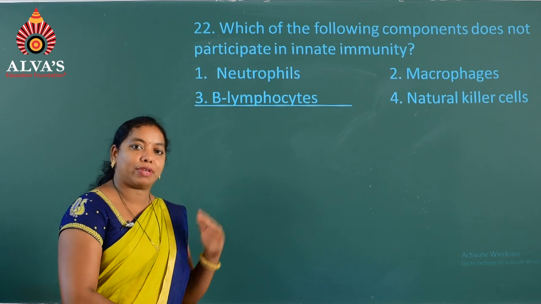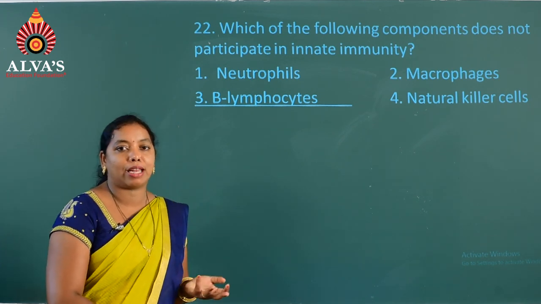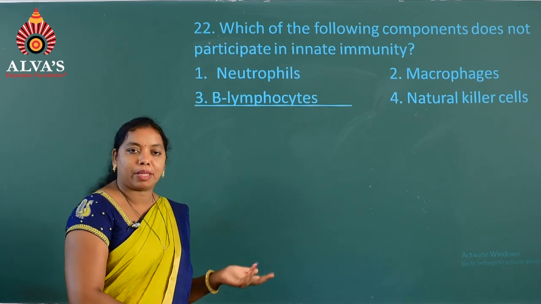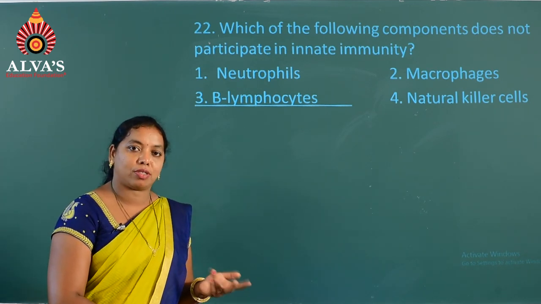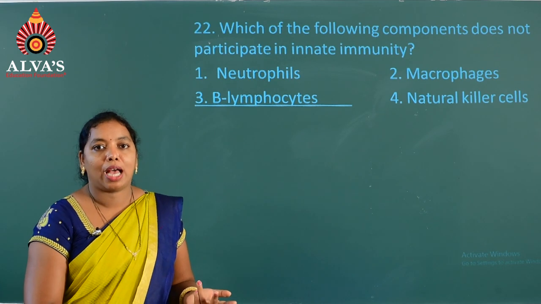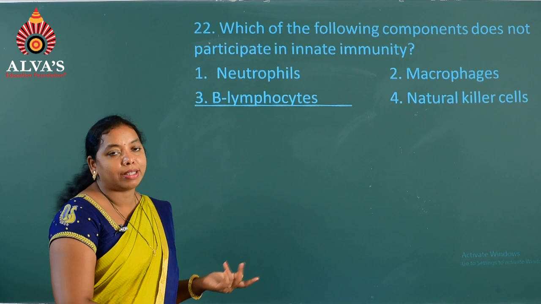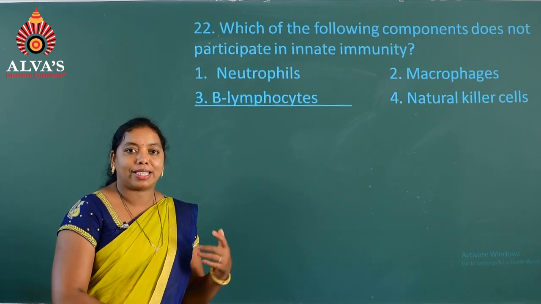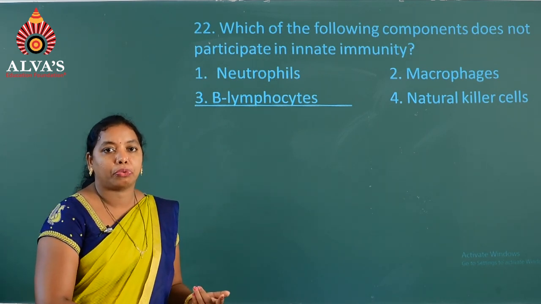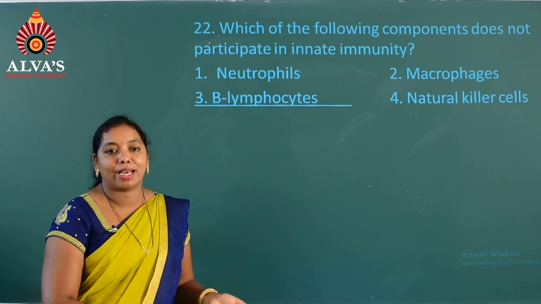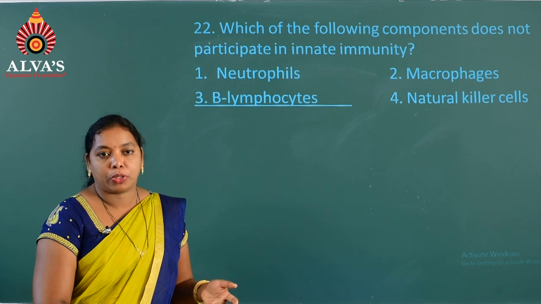Neutrophil is one of the cellular barriers which functions as a phagocytic cell. Even the tissue macrophages play a very important role as phagocytic cells. The third one is B lymphocytes. These lymphocytes produce different types of secondary responses in adaptive immunity.